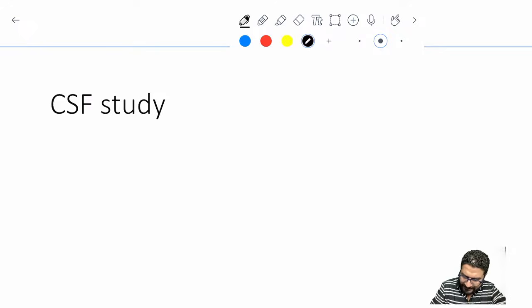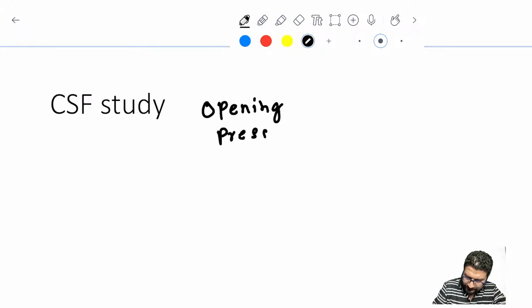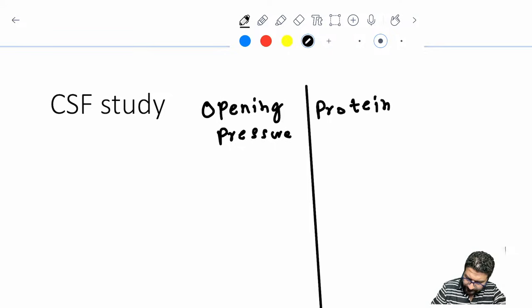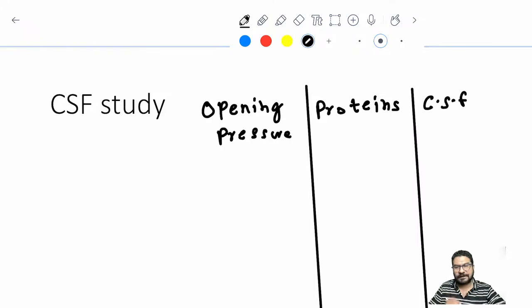What they ask you in exam, they ask you questions on opening pressure, then proteins, CSF glucose. Now understand, CSF glucose is 2/3 of blood glucose.